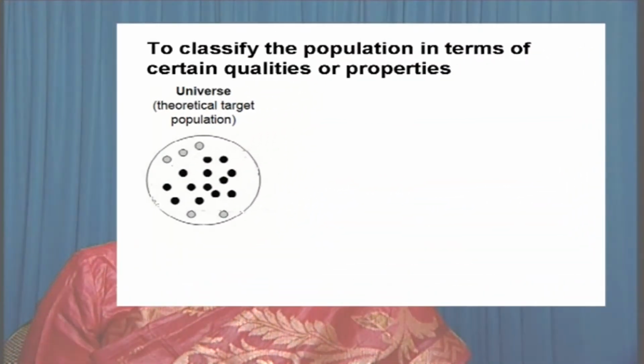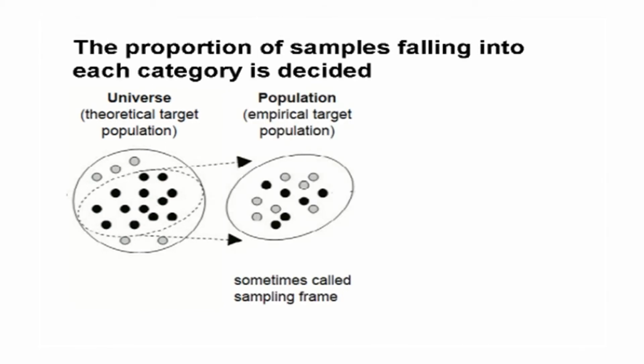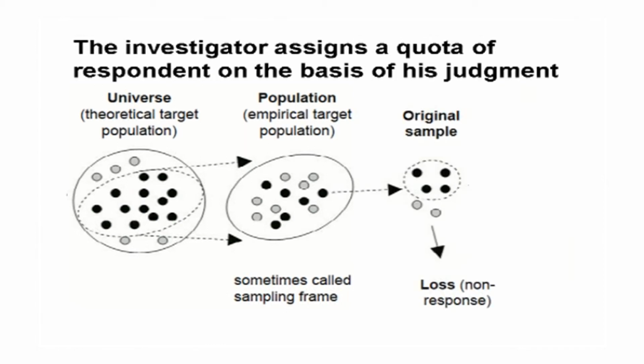The steps of quota sampling are: 1. To classify the population in terms of certain qualities or properties. 2. The proportion of samples falling into each category is decided. And 3. The investigator assigns a quota of respondents on the basis of his judgment.